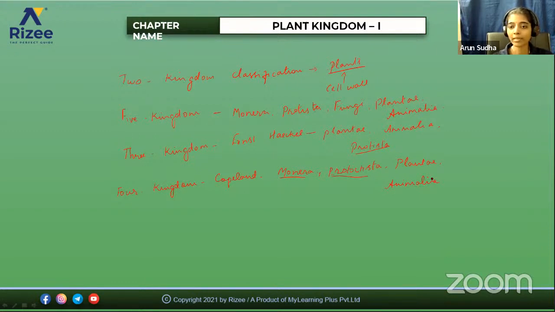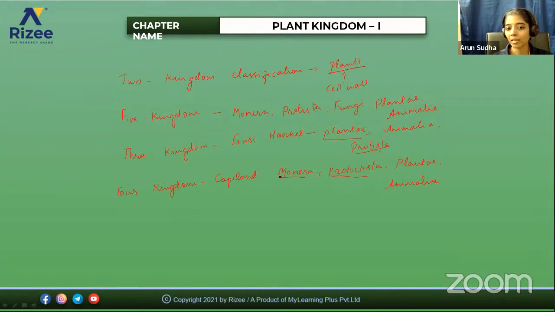So if you take Plantae, as per the two kingdom classification, the Plantae includes all the cell wall containing organisms. In the three kingdom classification, the Protista got separated. So the Plantae includes the other plants, but the bacteria and unicellular eukaryotes were placed under Protista. Then under the four kingdom classification by Copeland, he again divided this Protista into Monera and Protoctista.